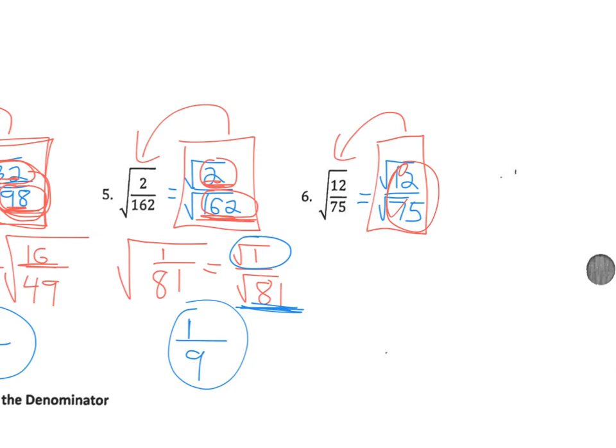But the biggest common factor that goes into 12 and 75 is 3. So 3 goes into 12 4 times, so I'll say it's square root of 4. 3 goes into 75 25 times. So that's square root of 25.